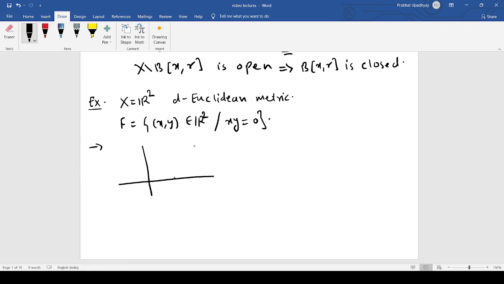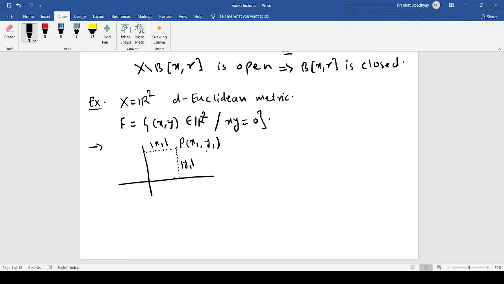Therefore, any point which does not lie on either the x-axis or y-axis belongs to the complement of your set F. Say, point P with coordinates (x1, y1) is such a point lying in F complement. It tells you that the perpendicular distance of P from the x-axis is |y1|, and the perpendicular distance of this point P from the y-axis is |x1|.